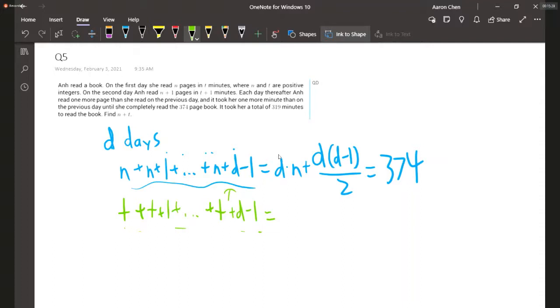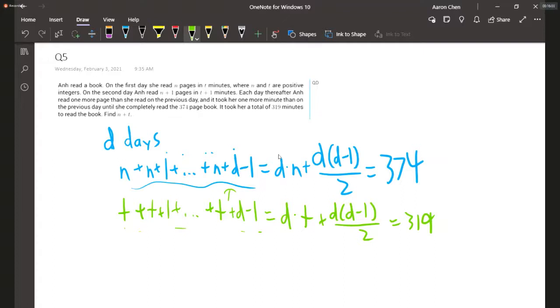So it just equals d times t plus d times d minus 1 over 2. And we're given that she reads for 319 minutes. So this sum is equal to 319.